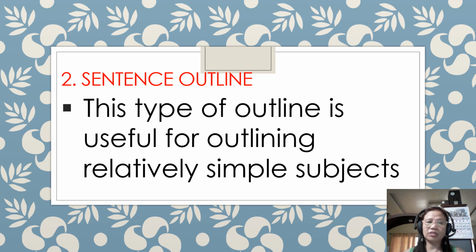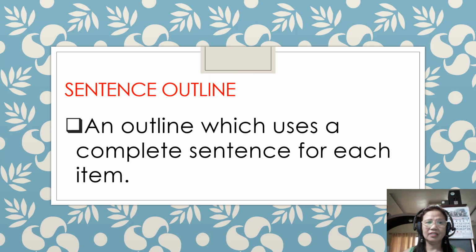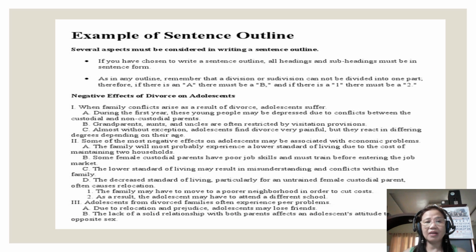Next, sentence outline. This type of outline is useful for outlining relatively simple subjects. It is an outline which uses a complete sentence for each item. This is an example of a sentence outline. You might ask, what is the difference between a topic outline and a sentence outline?